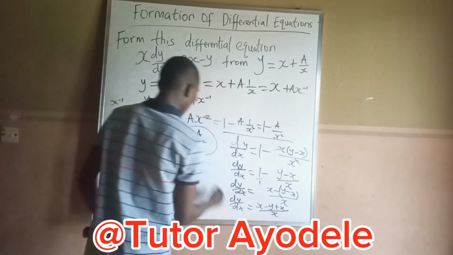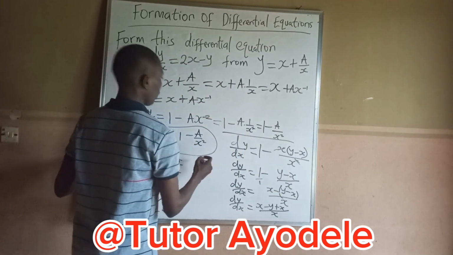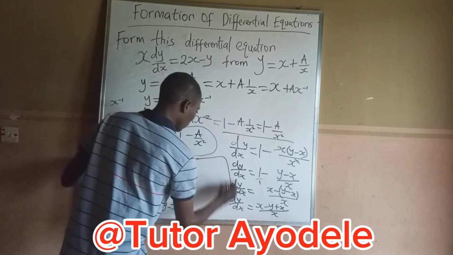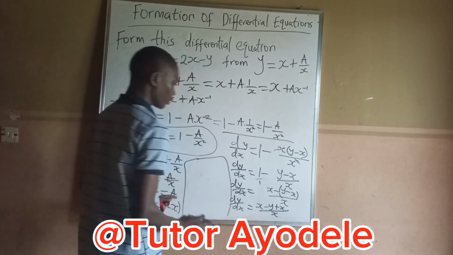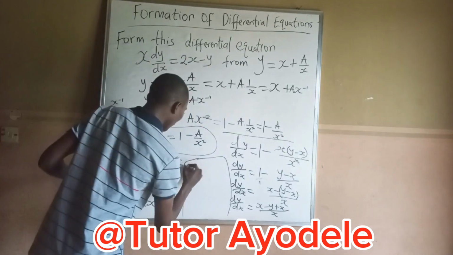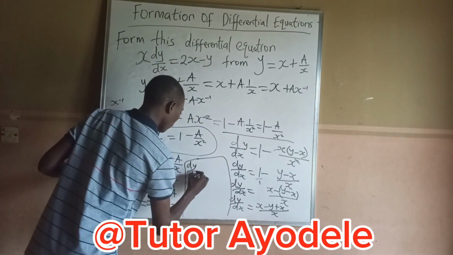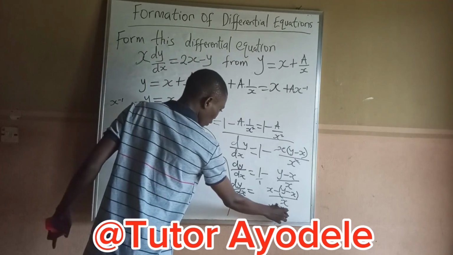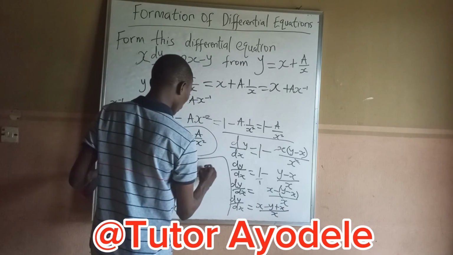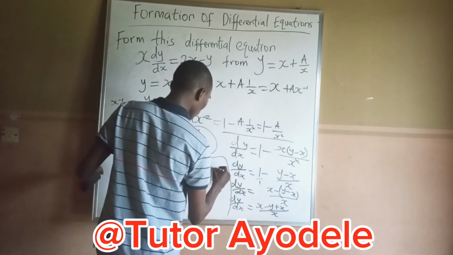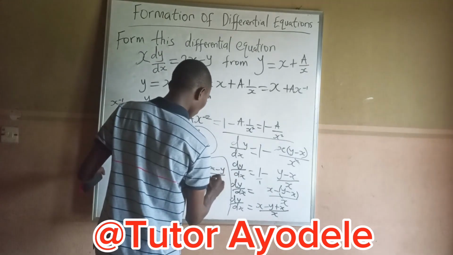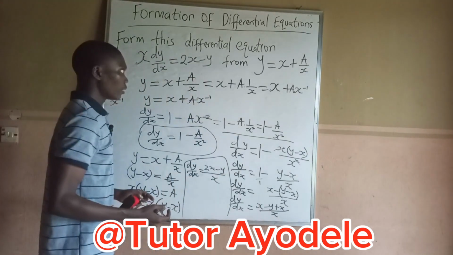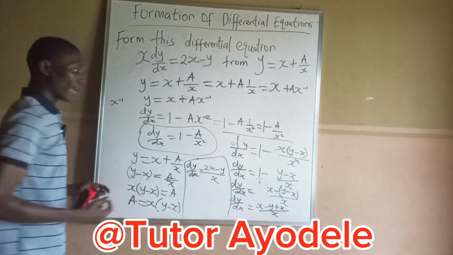So let me finish the remaining one here. So we have dy/dx equals, now x plus x will give me 2x minus y over x. 2x minus y over x.